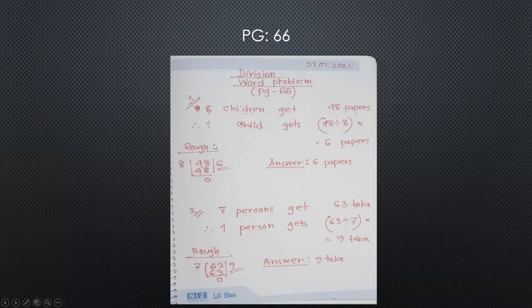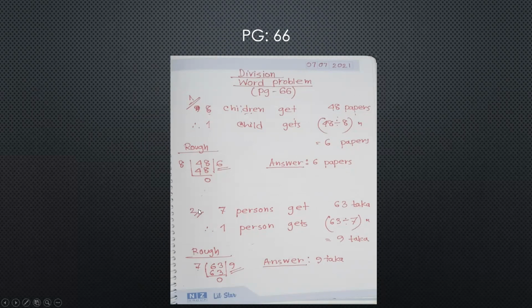You can do rough work in your exam paper or classwork copy. Just draw a straight line and do the rough work there. So if the problem gives a big number and you have to find a small number, at that time you have to divide it.